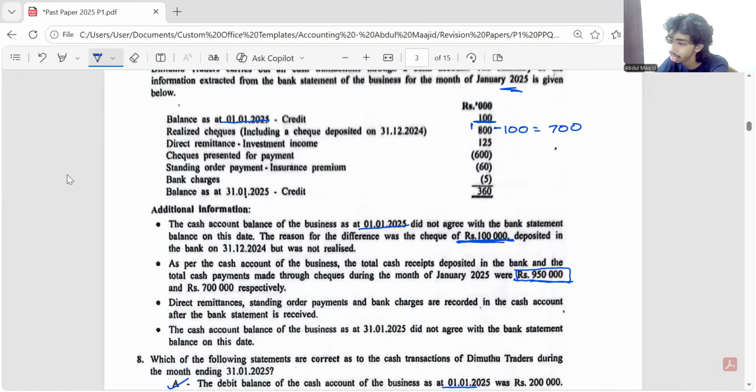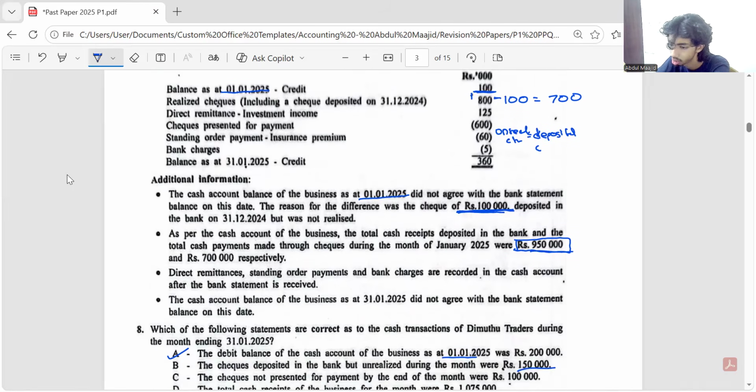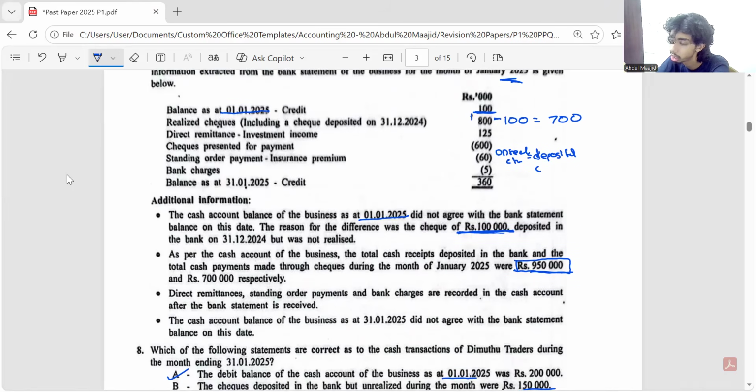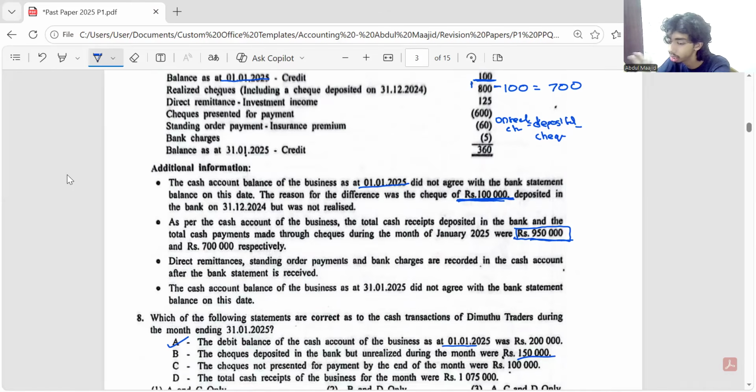Then what is the unrealized check? They are asking for the unrealized check.